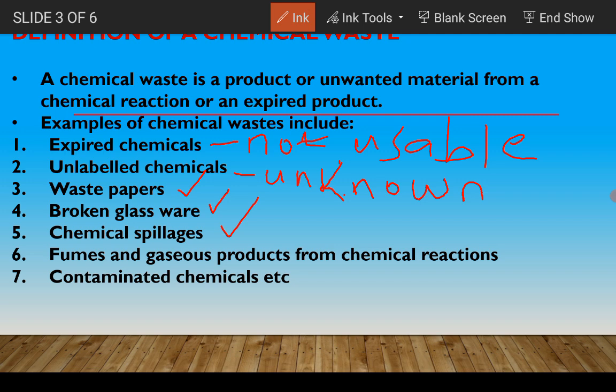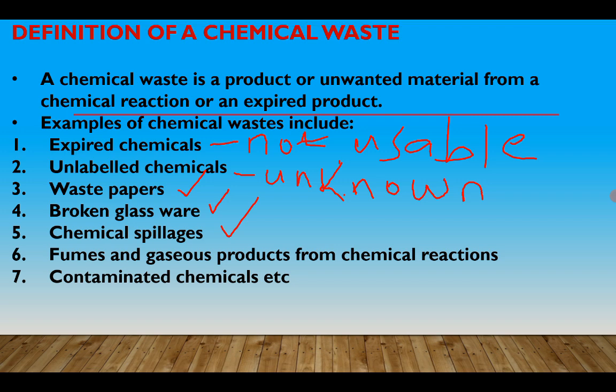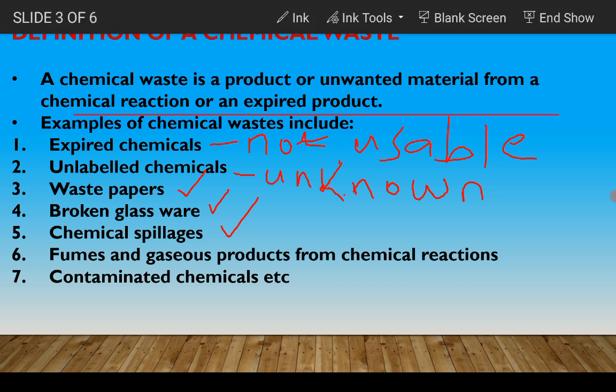All right. Some chemical reactions produce gases such that if those gases are inhaled, they can pose a danger to you. So we consider fumes and the gaseous products from chemical reactions to be chemical wastes.